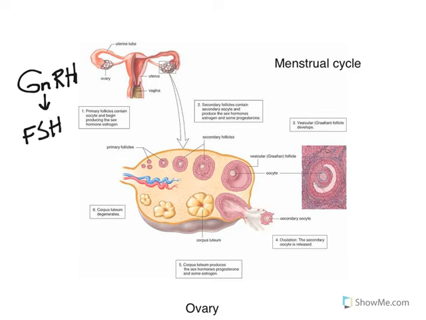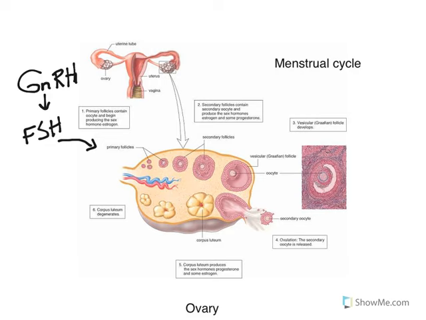And FSH is going to be affecting a follicle. A follicle is where an oogonial cell is going to be housed. At birth, a little girl will have over 400,000 oogonial cells. Only about 400 of them will actually reach maturity during her reproductive years.